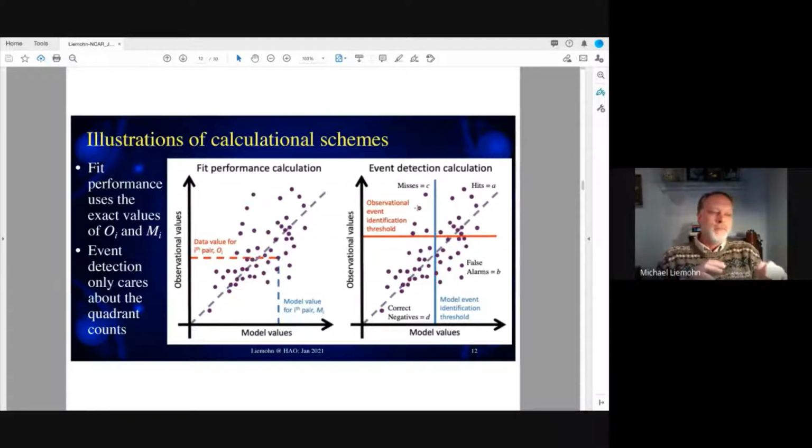But you don't actually care whether this point is way up here, far from the red line, or whether it's way down here close to the red line. Both of those count equally as a miss. Whereas over here, those two same points would count quite differently when you're doing the calculation of fit performance metrics.